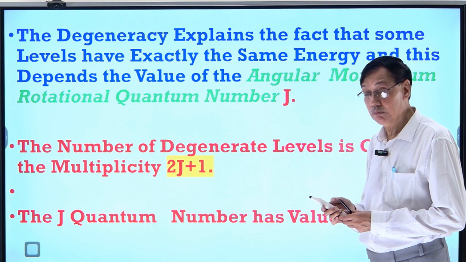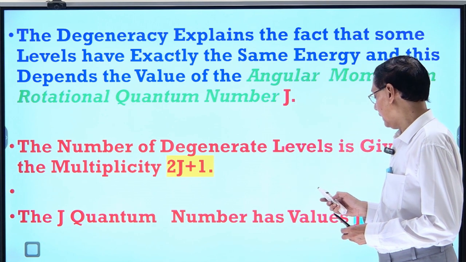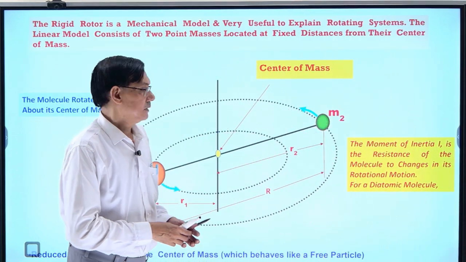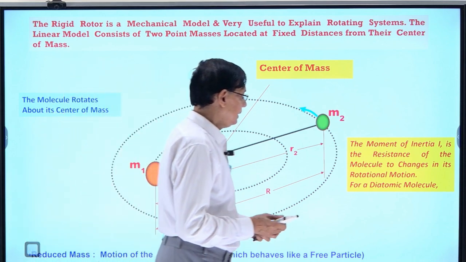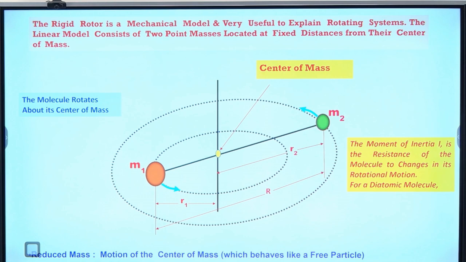Now I am coming to the most important part, rotational energy using a rigid rotator. I have depicted this picture very nicely with the help of my student. Bear in mind that here I am showing a diatomic molecule, maybe HCl.